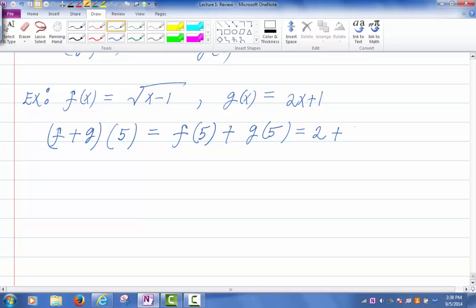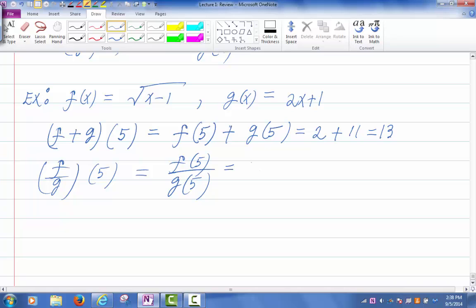And g of 5? 11, which is 13. Okay, what is f over g evaluated at 5? Well, that would be f of 5 over g of 5, which is what? 2 over 11.